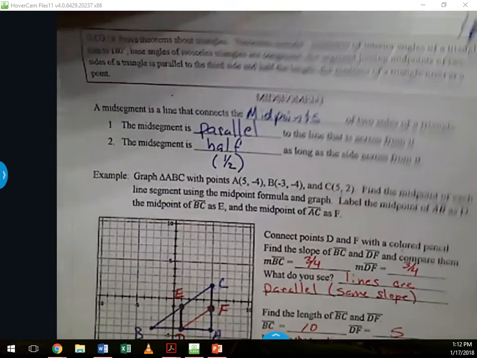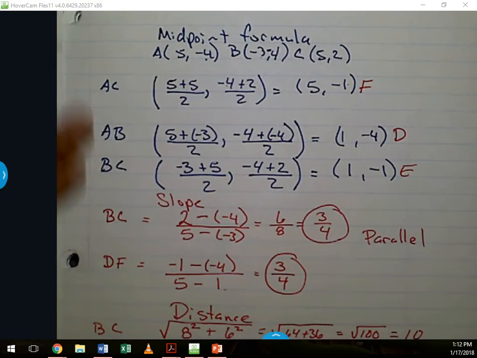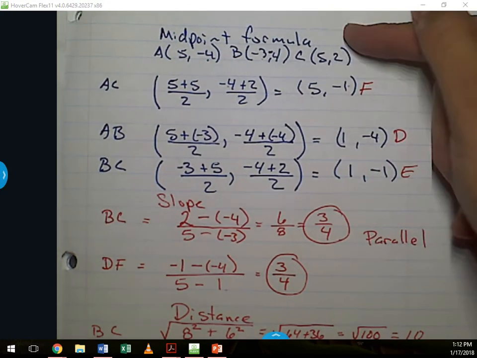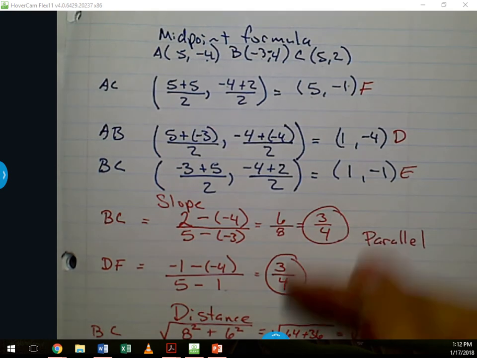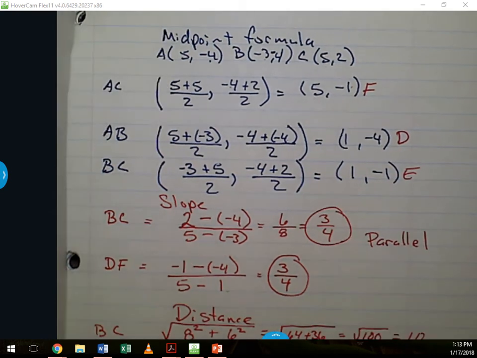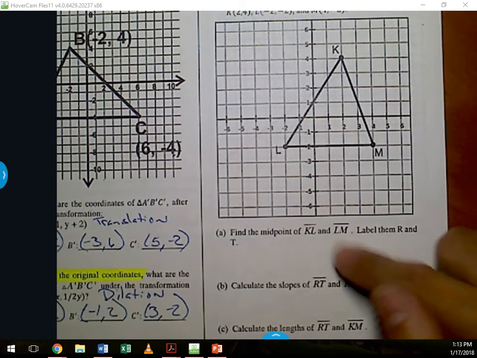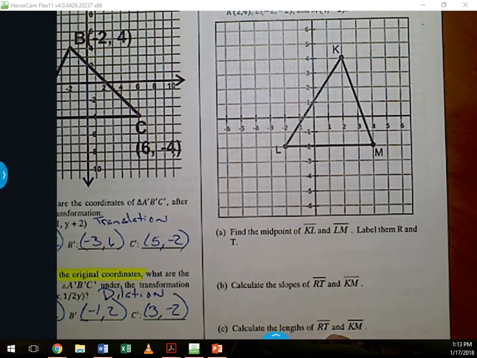Flip the page. Let's look underneath. Hey, look, there's all my formulas in work. So midpoint, slope, and distance. Midpoint, slope, and distance. Let's take a look at our test. It's asking for the midpoint, it's asking for the slope, and it's asking for the distance.